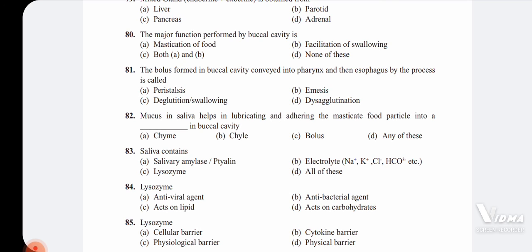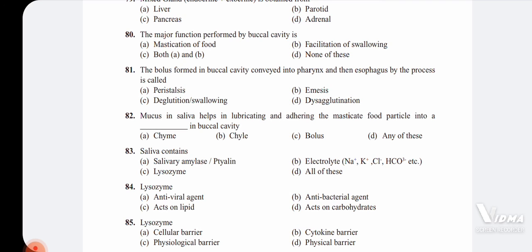Lubrication means easy passing of the food, and adhering means all the masticated food particles are getting attached together and form a ball-like structure, that is called a bolus. That bolus is being formed inside the buccal cavity. So option C is the correct answer for question number 82.